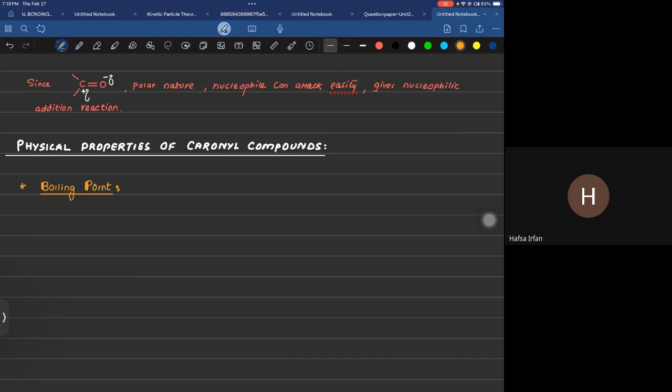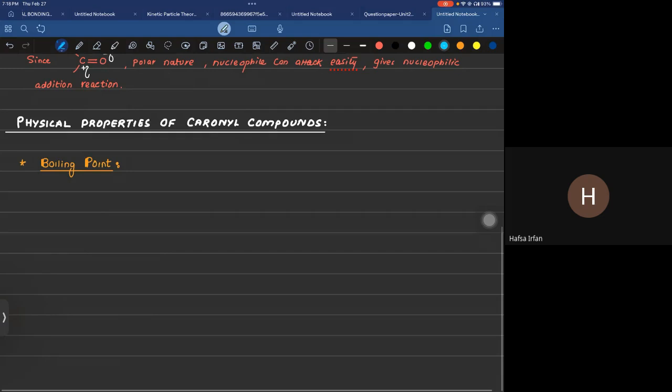Those with less number of carbons are gases, then liquids, and as the number of carbons increases, their melting and boiling points are going to increase. So let's compare the melting and boiling points of alkane, aldehyde and alcohol.